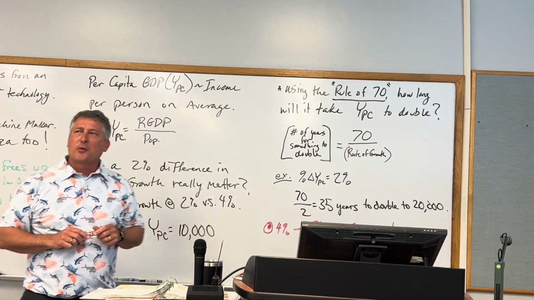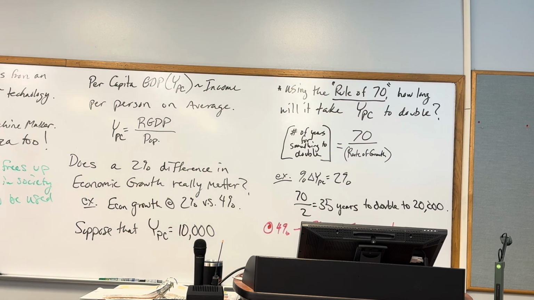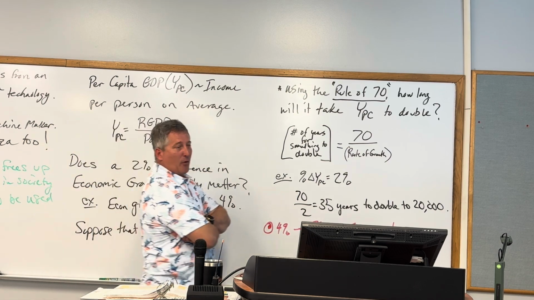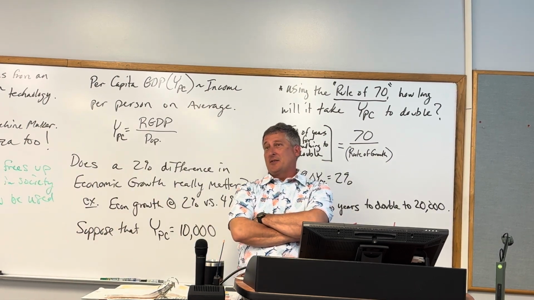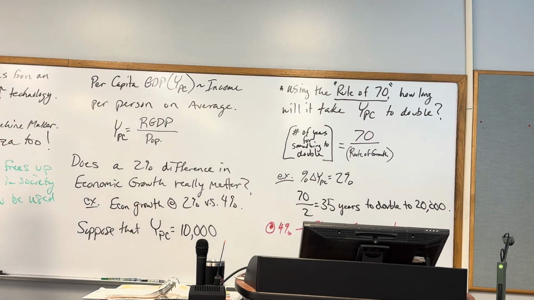Anybody remember what the growth rate turned out to be that was a little below expectations from the article we did last week? Real GDP growth for the first quarter? Tim? 3.4. No, that was the inflation estimate, and then inflation ended up being 3.7.